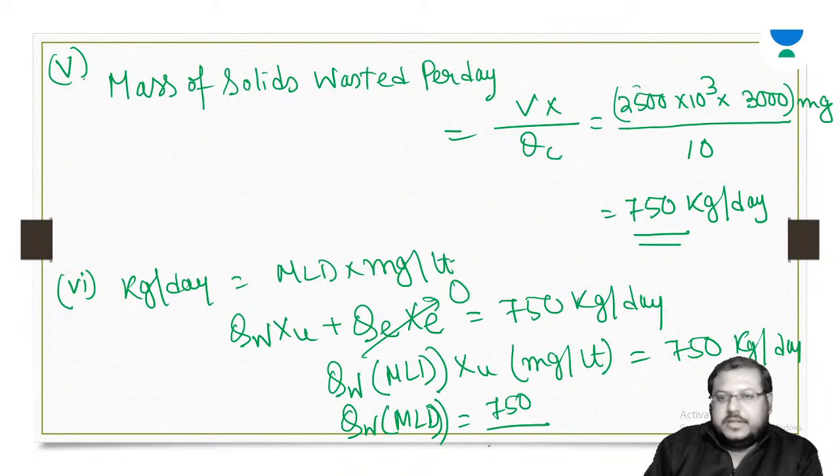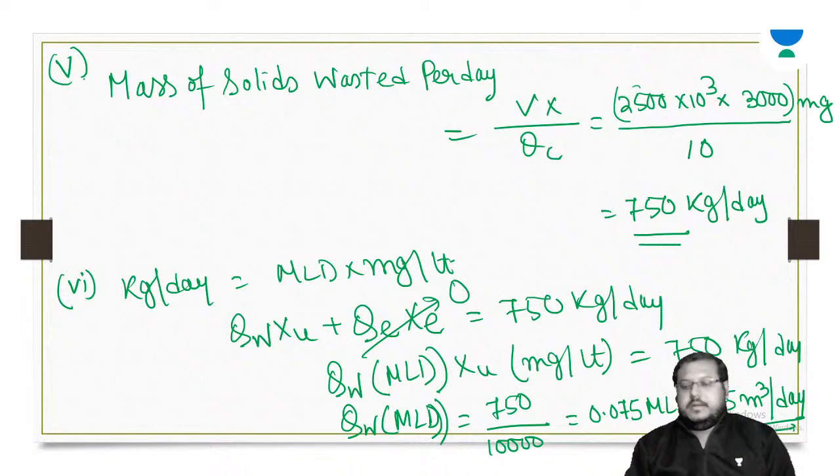What is XU? 10,000 only. 0.075 MLD, that is 75 meter cube per day. 75 meter cube per day.